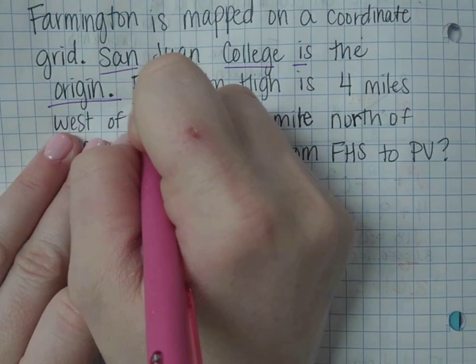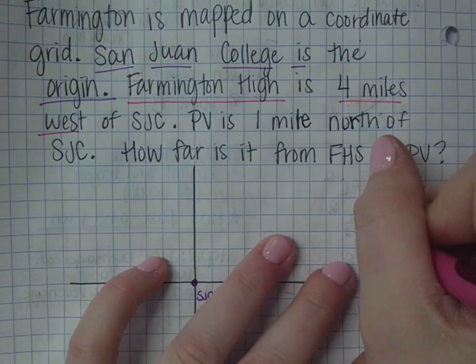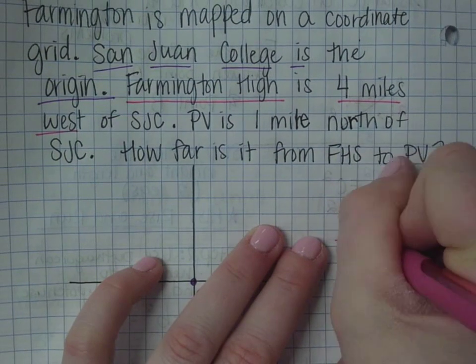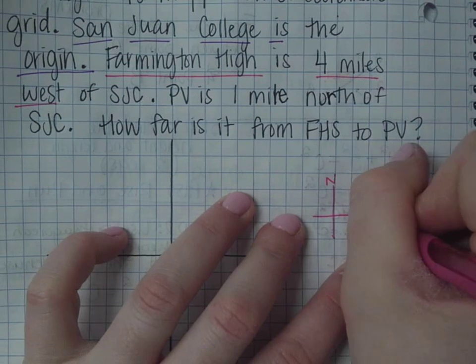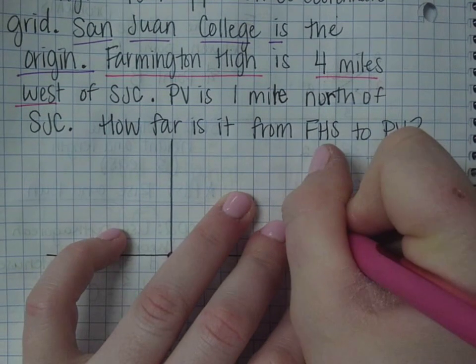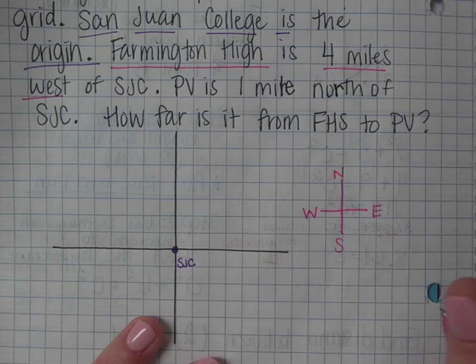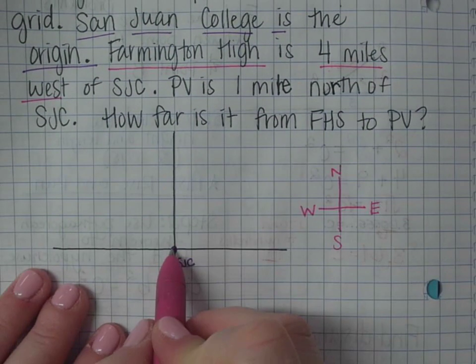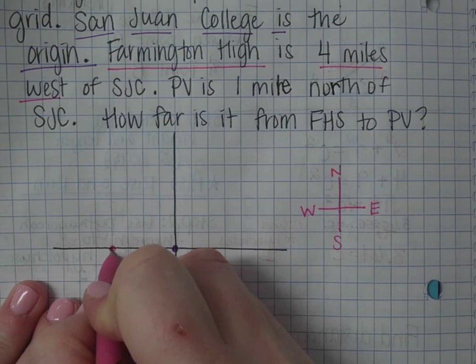Farmington High is 4 miles west. So remember, never eat soggy waffles. That's the way I remember it, or one way to remember it. So Farmington High is 4 miles west. So 1, 2, 3, 4.